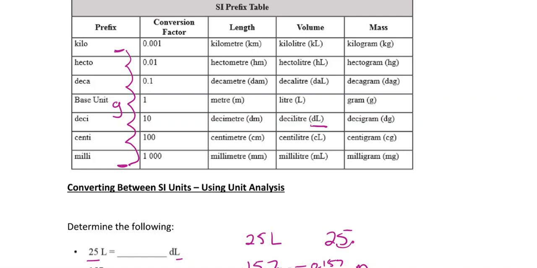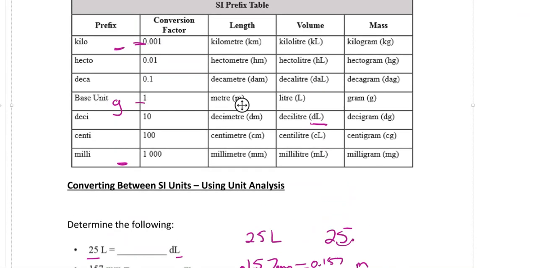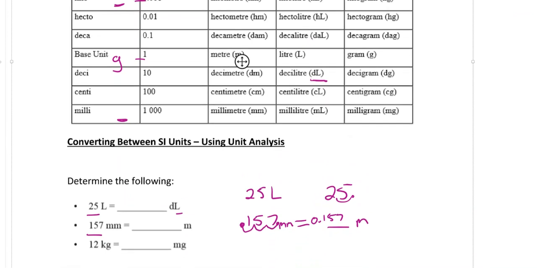It goes down 6 to get to that point. Or you could go 3 and 3, because there's 1,000 base units in a kilogram, and then there are 1,000 milligrams in a gram. So 1,000 and 1,000. So we're going to have 6 zeros behind that.